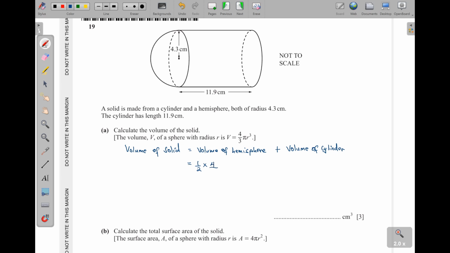Then volume of a hemisphere is a half volume of a sphere. Volume of a sphere is given as 4/3 pi r cubed, and the radius is 4.3. Then you cube this one, then plus we have pi here, and volume of the cylinder is pi r squared, so r is 4.3, we square it, and then the h is 11.9.